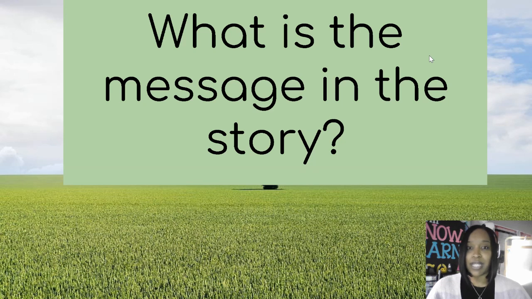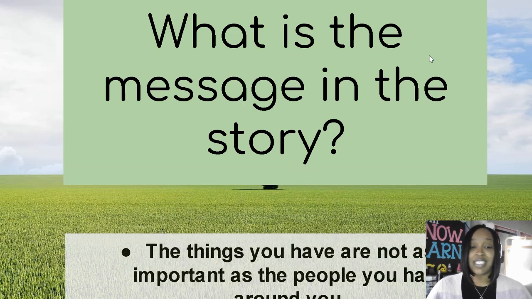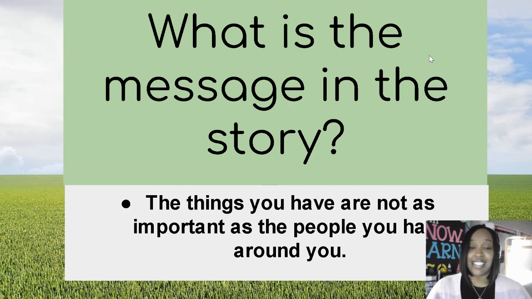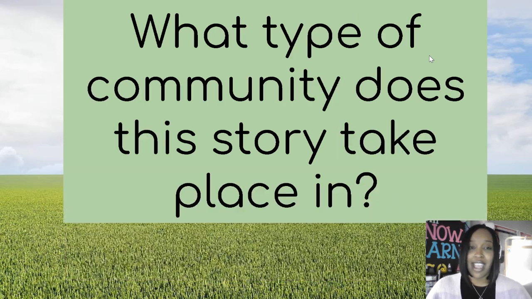So think about what this story is trying to tell us. Yes, this story is teaching us that the things you have are not as important as the people that you have around you.